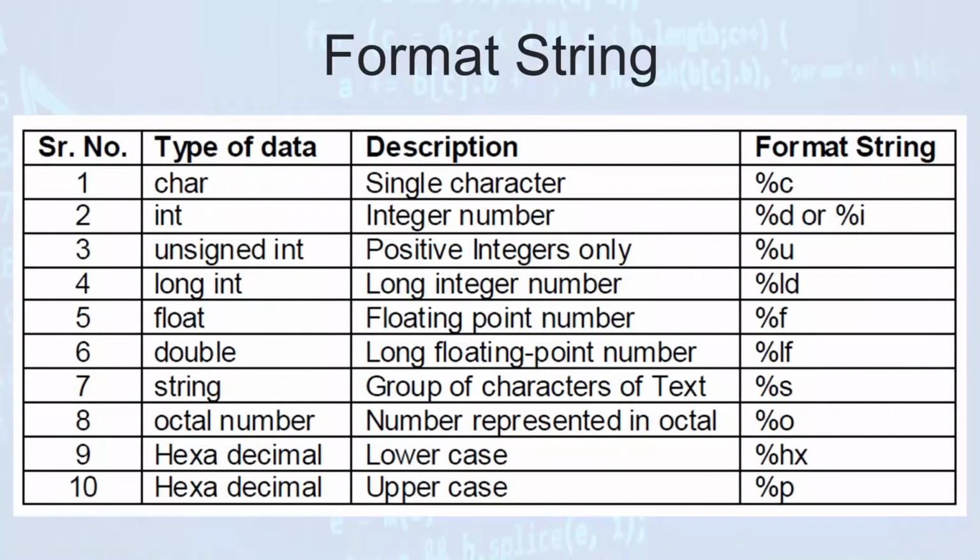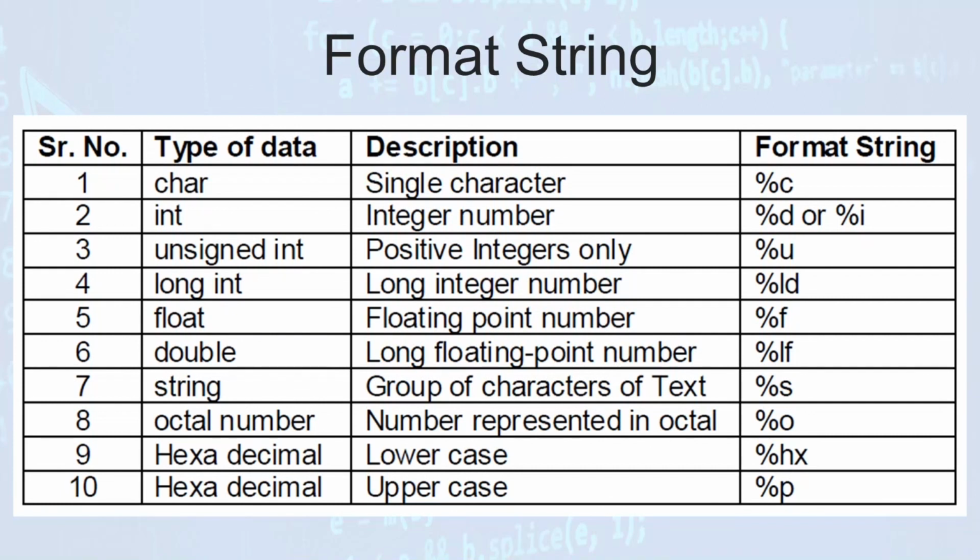Now we have used %d and %c recently, right? So what does it mean? C provides format string or format specifier. Now here we can see on the screen type of data, its meaning and appropriate format string that we need to use in program. Suppose your data is of type character, it represents single character, and format string will be %c.